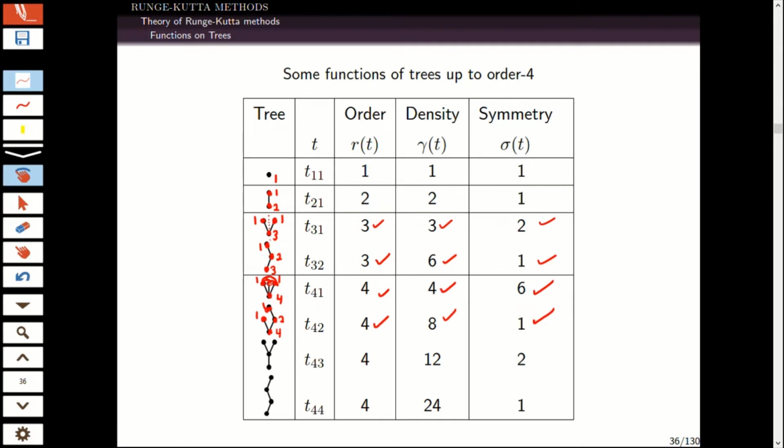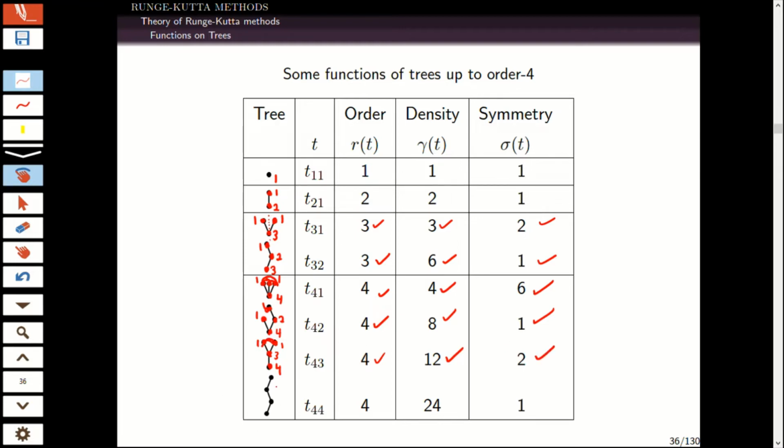In this case here, this is also order 4, for 4 vertices. The density will be 4 times 3 times 1 times 1, so 12. And I have 2 ways to label it, so the symmetry is 2.